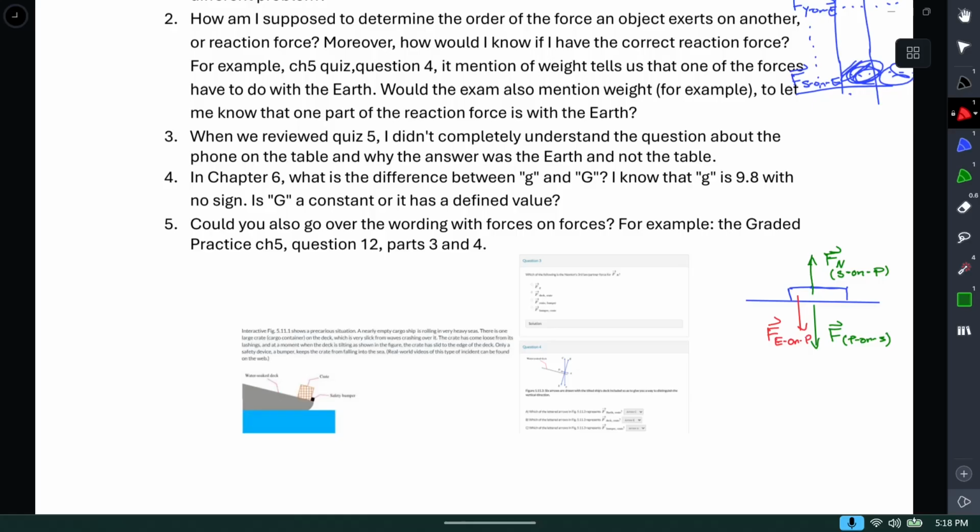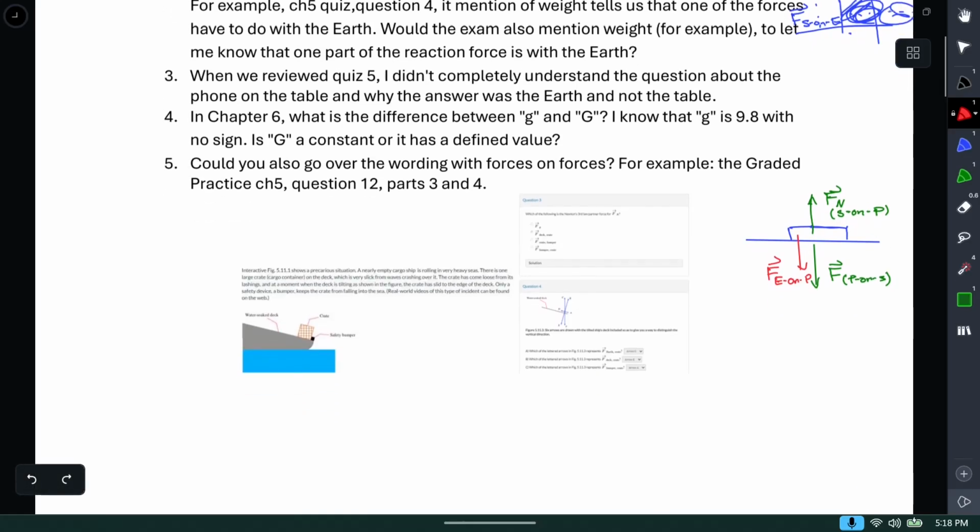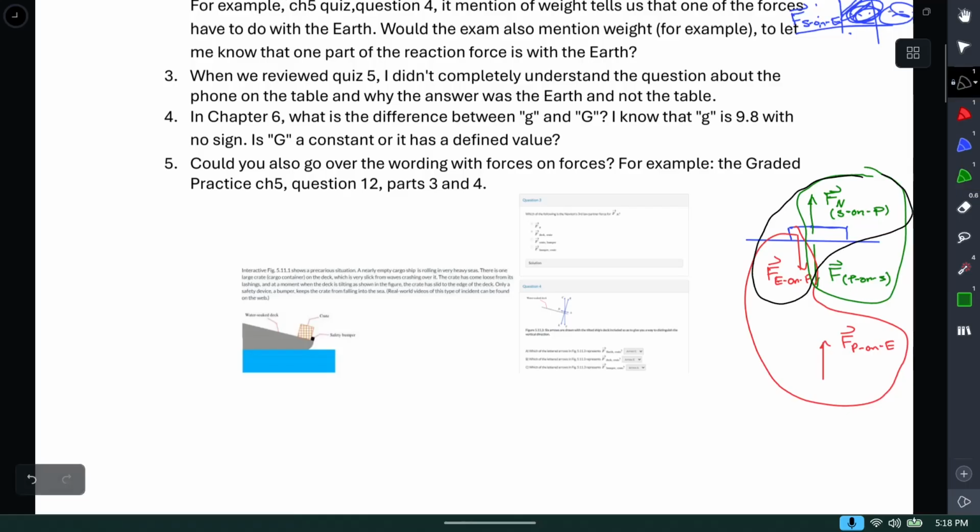The third law is about forces between two different things, in this case, the Earth and the phone. The reaction to that one is that the phone pulls on the Earth. Somewhere down here, somewhere just through the center of the Earth. And that will affect the Earth's motion, not the phone's. So this is a third law pair. This is a third law pair. These two are not a third law pair. They're both on the phone.